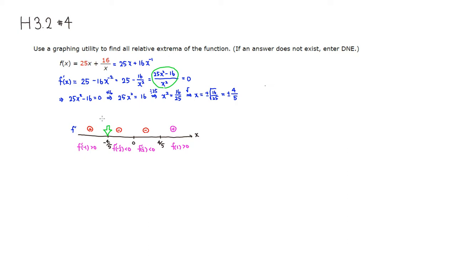Since it's increasing, turning into decreasing, we know that we're going to get a local maximum there. And at this point right here, it's decreasing, turning into increasing, so we have a local minimum there.